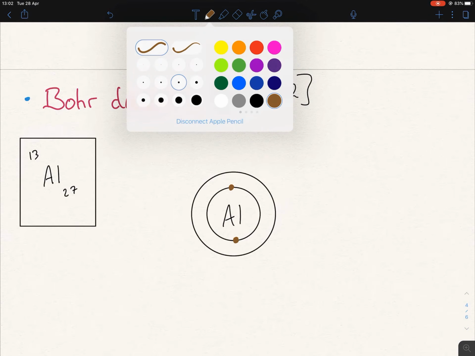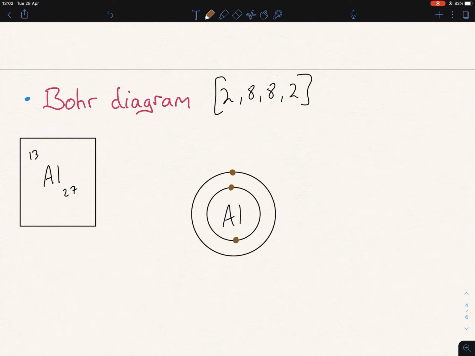I can put in the 8 straight off here. So 1, 2, 3, 4, 5, 6, 7, 8. Okay, if I count this up, I have 8 in this orbit over here and 2 in this orbit over here. Okay, so that means I have 10 electrons in total.